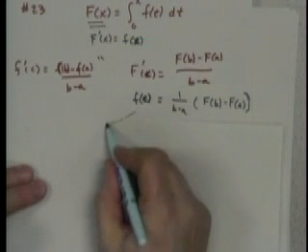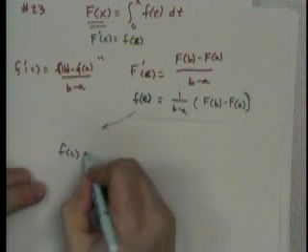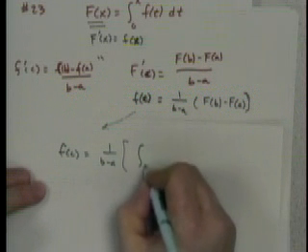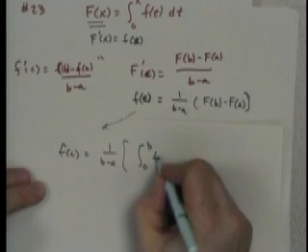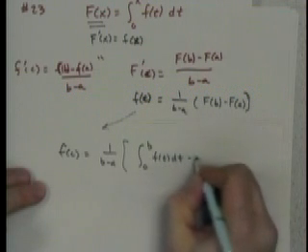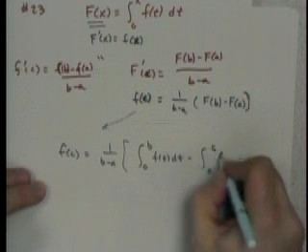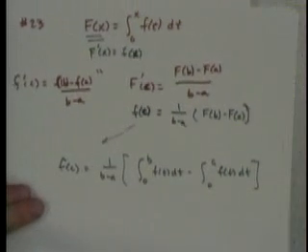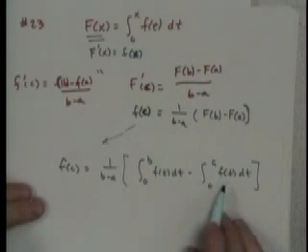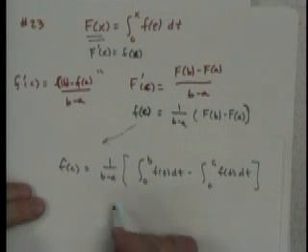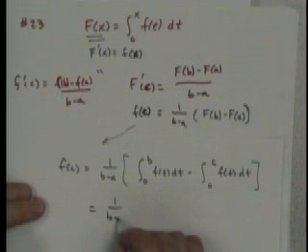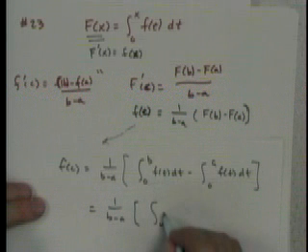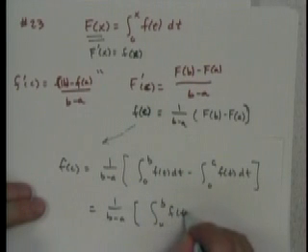So f of c equals 1 over b minus a times the integral from 0 to b of f of t dt minus the integral from 0 to a of lowercase f of t dt. And if our function is continuous, I can put these integrals together and make it the integral from a to b of f of t dt.